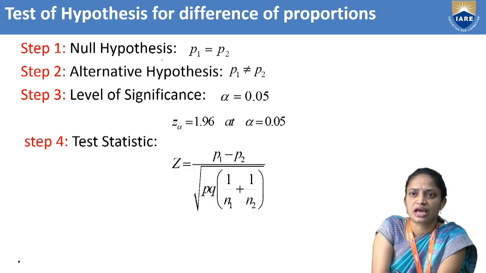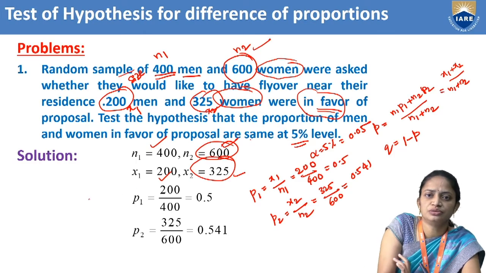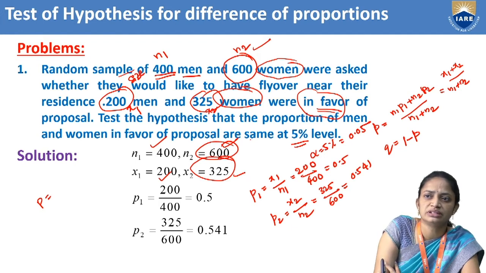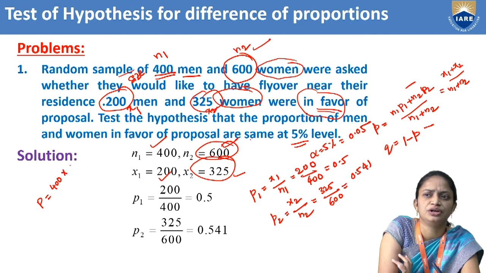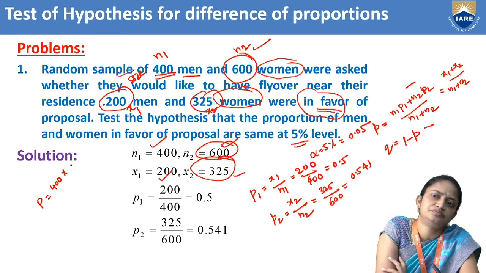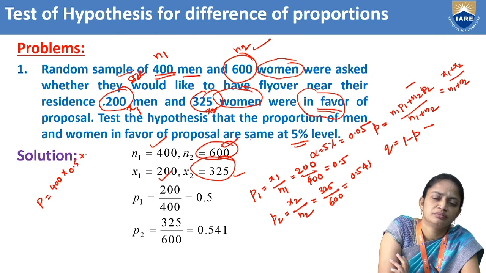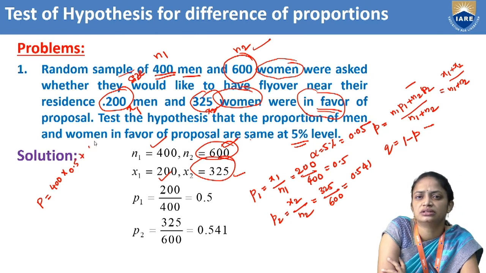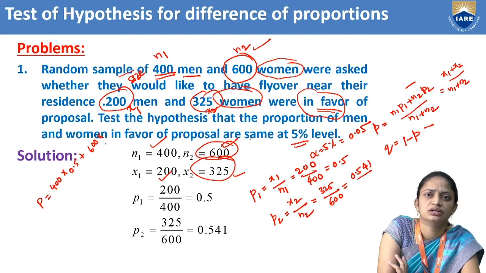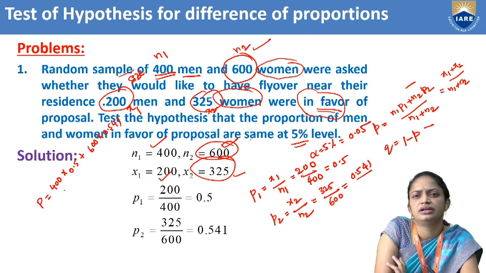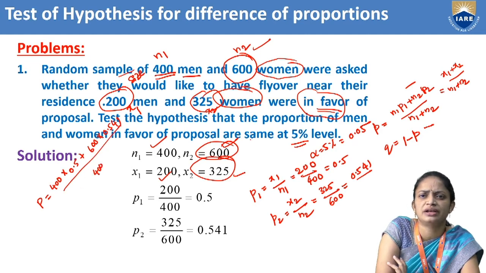So p equal to n1 p1 plus n2 p2 by n1 plus n2. Here n1 is 400 into p1 value 0.5, plus n2 value 600 into p2 value 0.541, divided by n1 plus n2, so 400 plus 600.